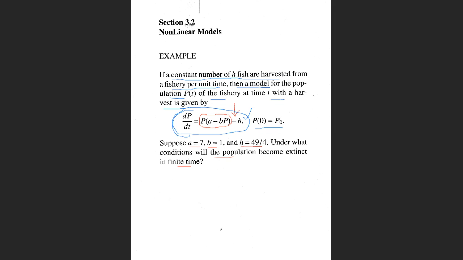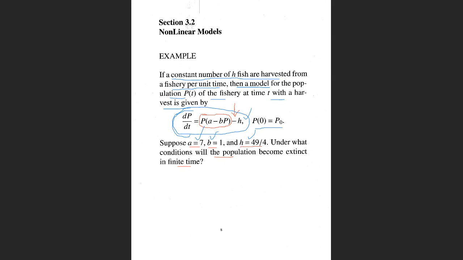We have to put in the values of A, B, and H and study the differential equation. Okay, so I'd like to do that on the next page. Does everybody have the example copied down all right?